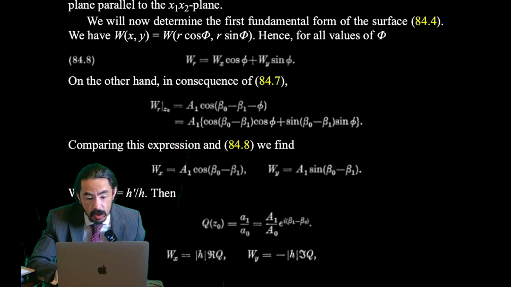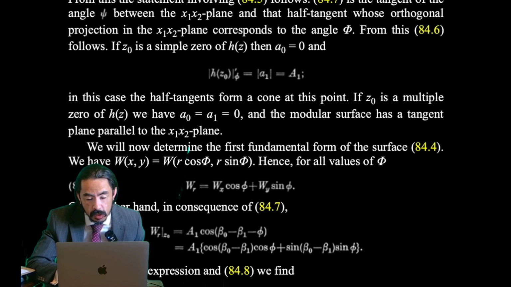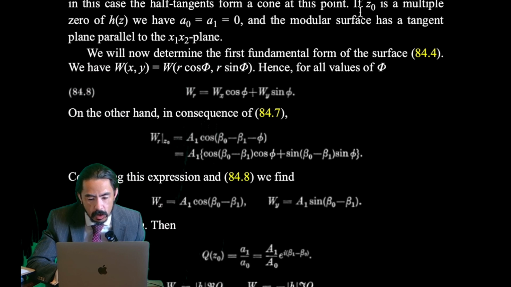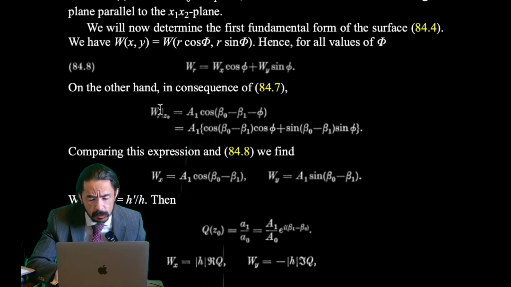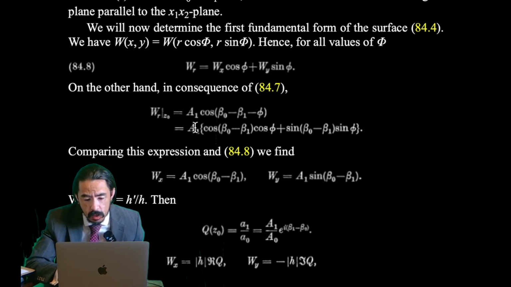On the other hand, in consequence of what we had worked out towards the end of the proof for theorem 84.1, we also have that capital W sub r evaluated at z naught equals capital A sub 1 times cosine of beta naught minus beta 1 minus phi, which consequently is equal to capital A sub 1 times quantity cosine of beta naught minus beta 1 times cosine of phi plus sine of beta naught minus beta 1 times sine of phi.